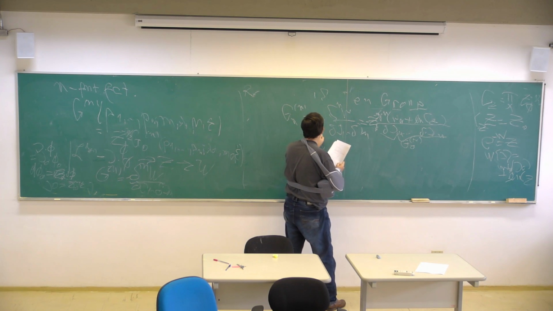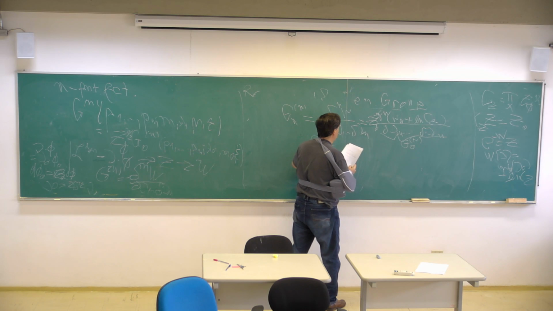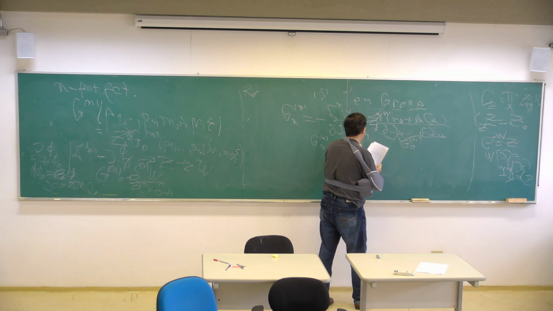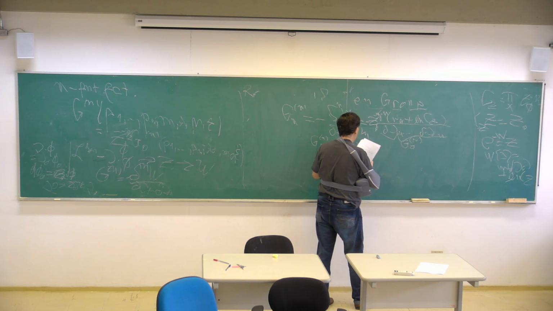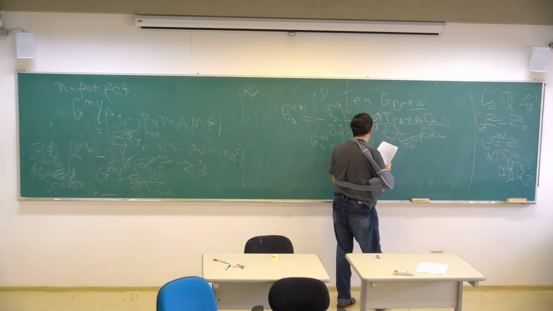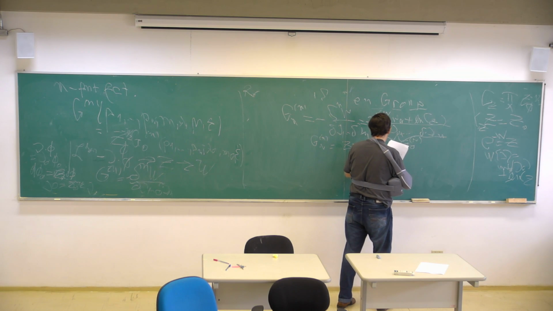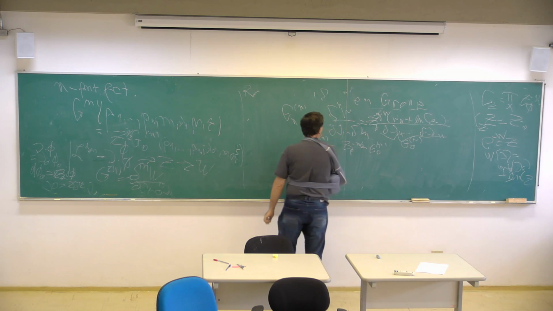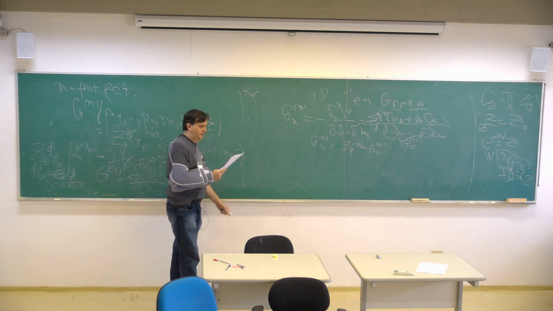Gn is minus z phi minus n phi. It's z phi minus n over 2 G0n with the appropriate dependencies.